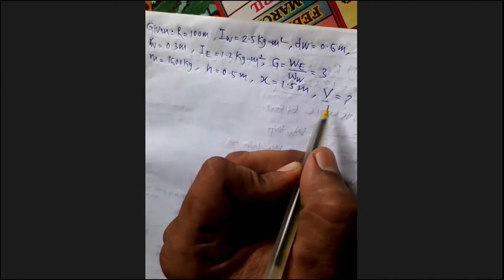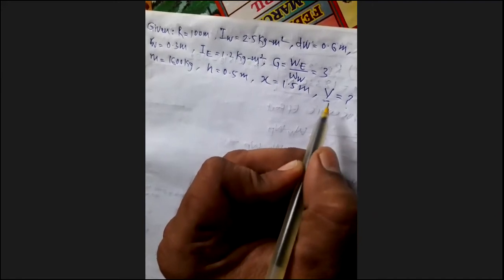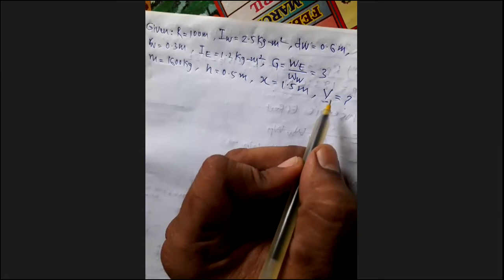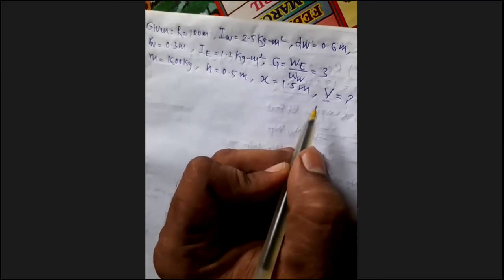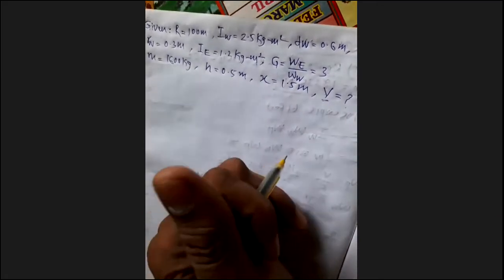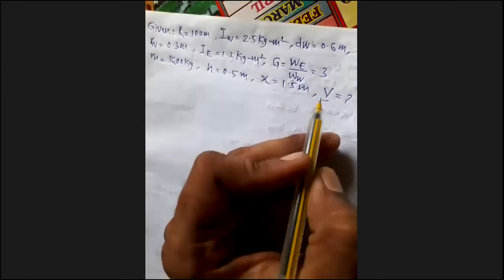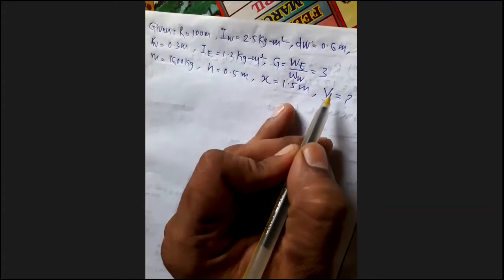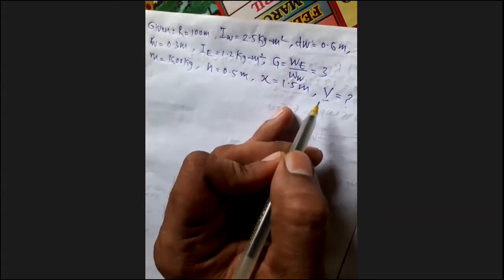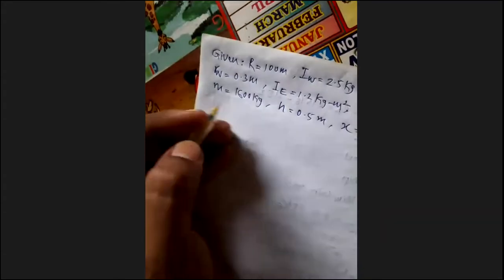So we can write all these reactions in terms of V. Then we will see what is the condition for the wheels to remain in contact with the road surface. Using that condition, we will find the value of V. So let us first consider the weight of the vehicle.